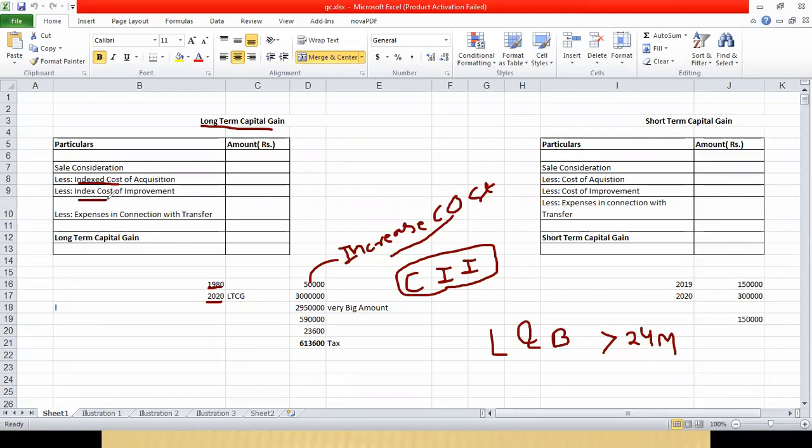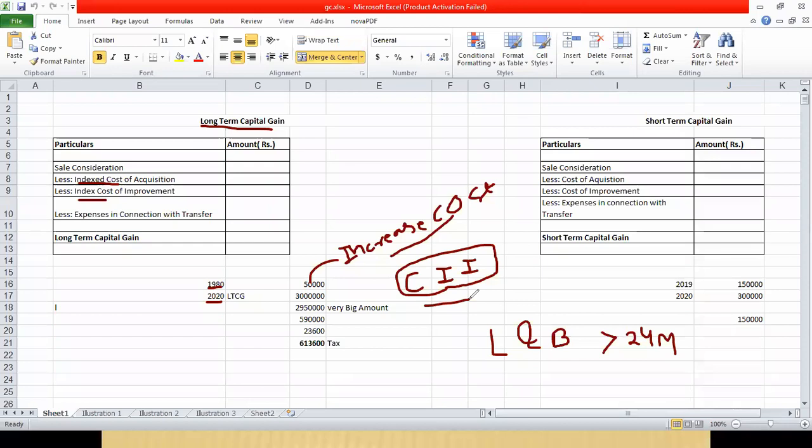So indexation means what? Increase in cost, using cost inflation index.